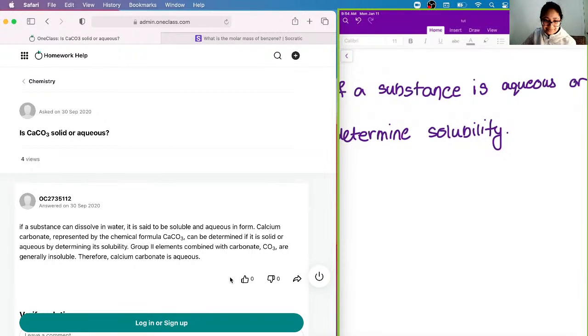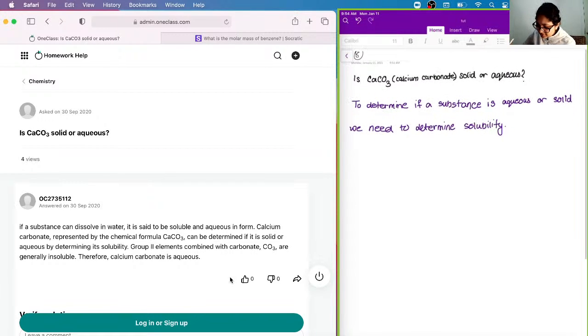Group 2 elements combined with carbonate, if there's a chart for this, a solubility chart.